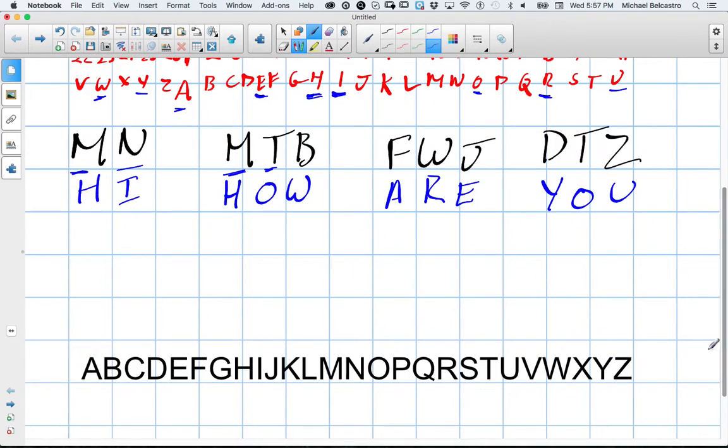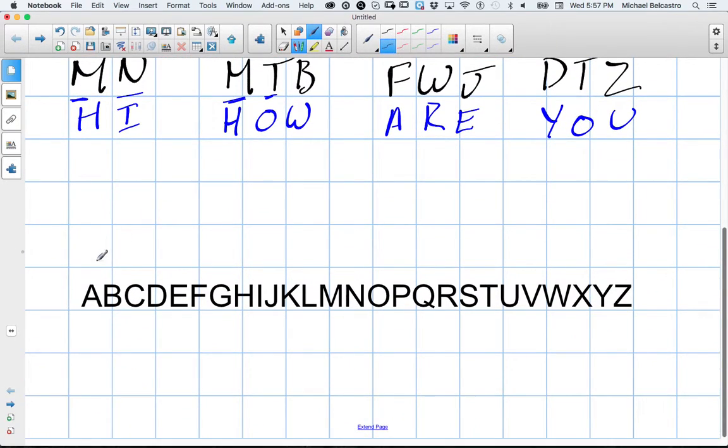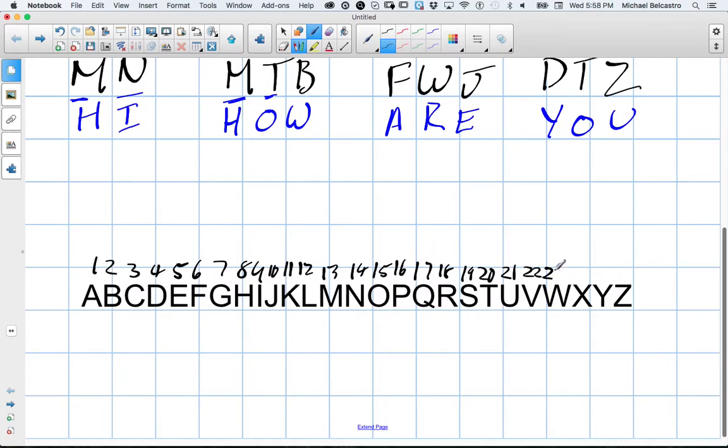Now, what's neat is I built a cipher, not quite a Caesar cipher. But what I did instead is I inverted the alphabet. So what does that mean if I invert the alphabet? It's not quite a Caesar cipher because we can't add a value to a letter to get the next one.